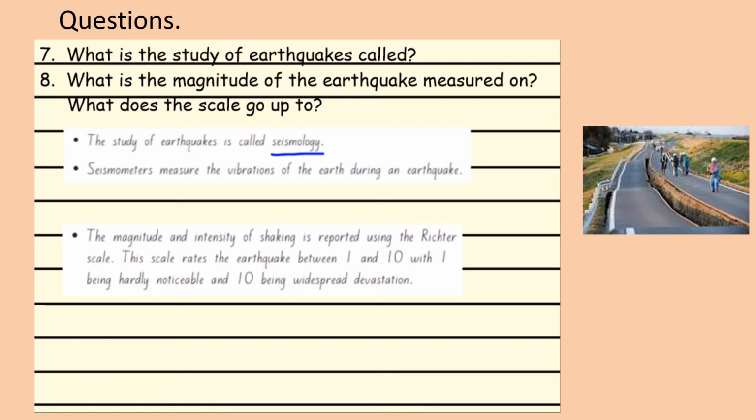So the magnitude, that means the power of the earthquake, is measured on the Richter scale, which goes up to 10, which means that 10 is the strongest, meaning widespread devastation.